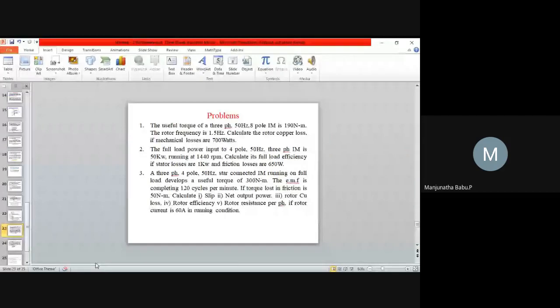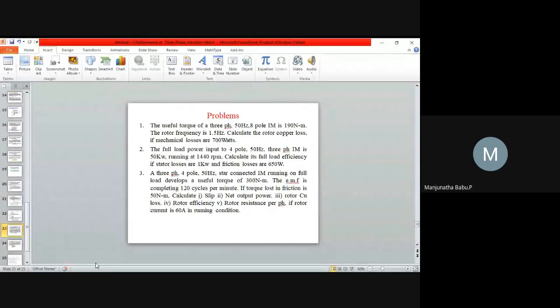He has given the friction torque lost, TL, as 15 Newton meter, multiplied with the angular velocity omega, that is 2 pi n by 60. So we will get the friction loss.